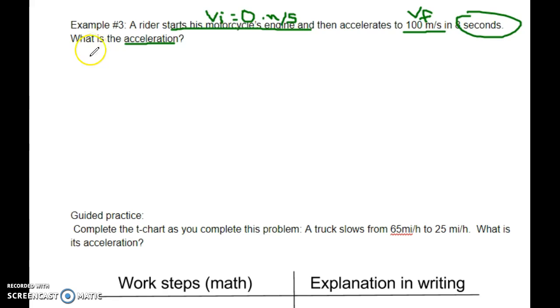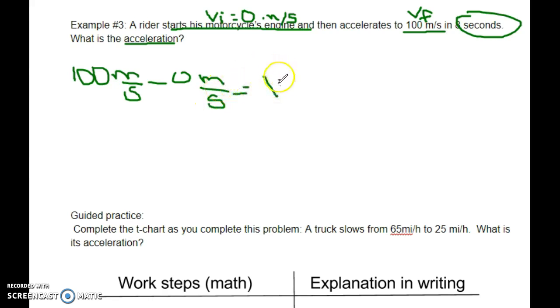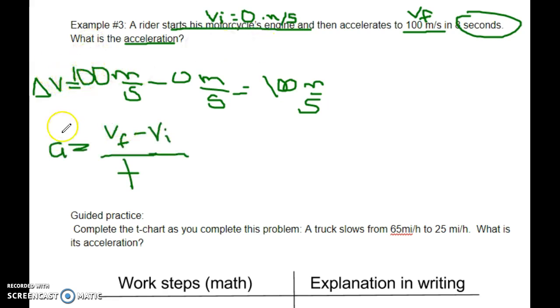So I'm going to have 100 minus 0. And that's pretty easy. That's just going to be 100 for your change in velocity. So again, our acceleration equation is VF minus VI, so that's where this part's coming from.